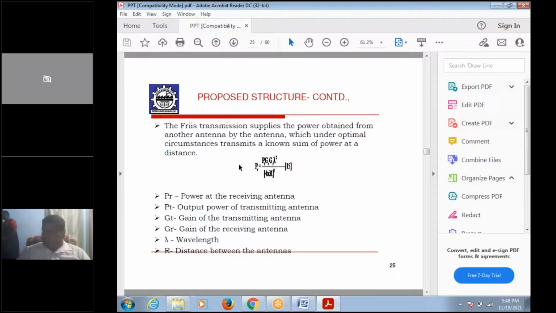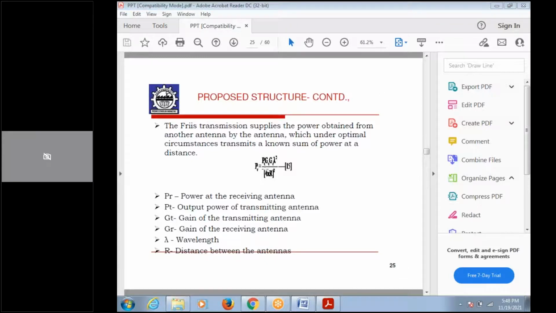This cloth is picked, and there is a sum of the calculated Friis transmission formula. In the Friis transmission formula, PR equals PT GT GR lambda squared divided by 4 pi R squared. That's equation number 15.